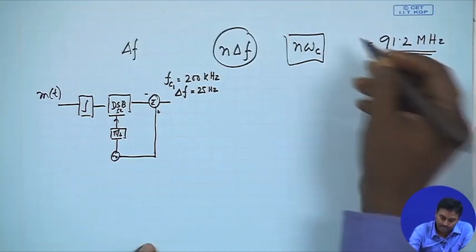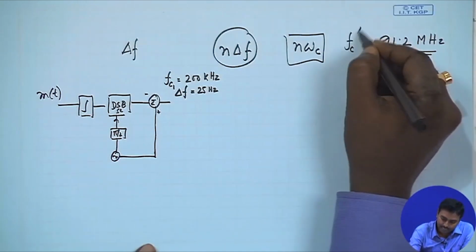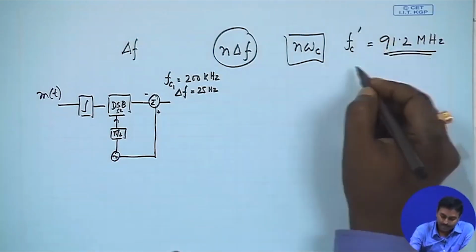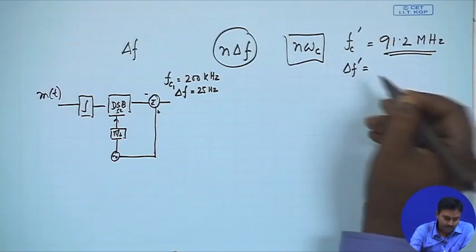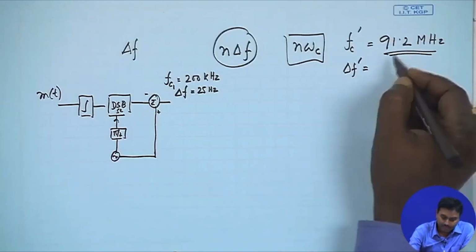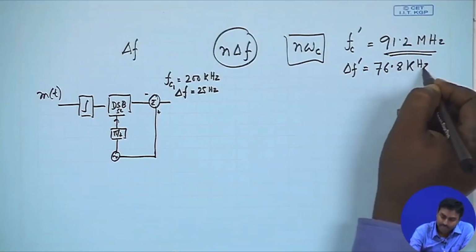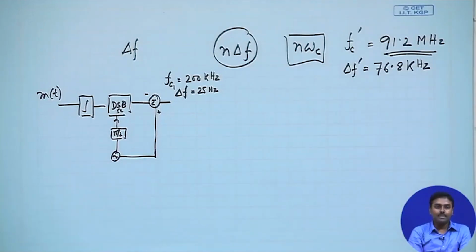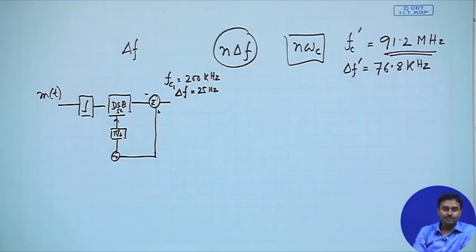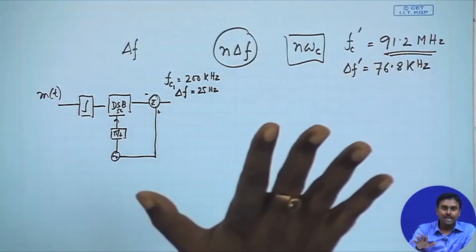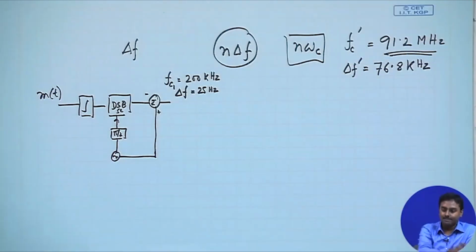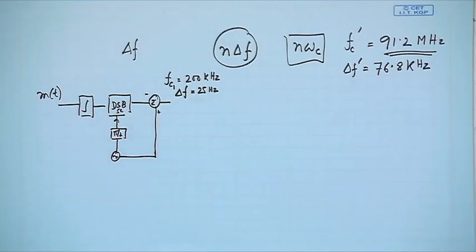Let us call that fc dash, and there del f dash is specified as 76.8 kilohertz. So, that is the frequency deviation that I want. This is actually taken from an actual example; that is exactly the deviation they have at 91.2 FM.